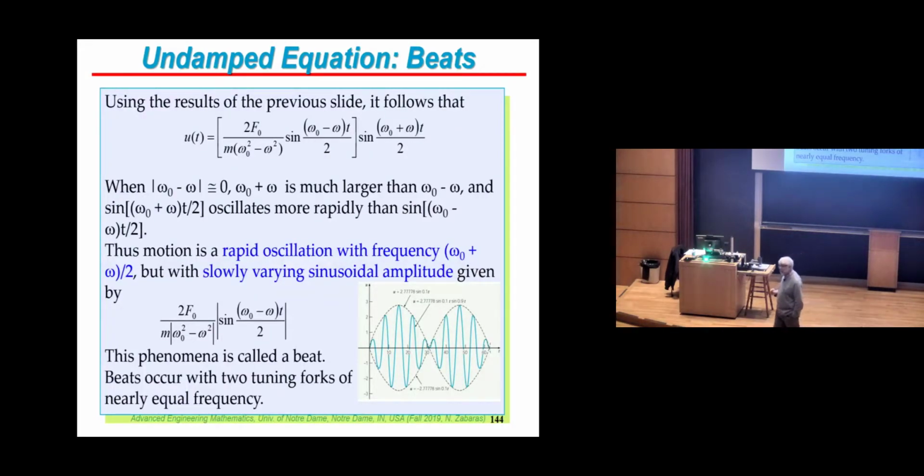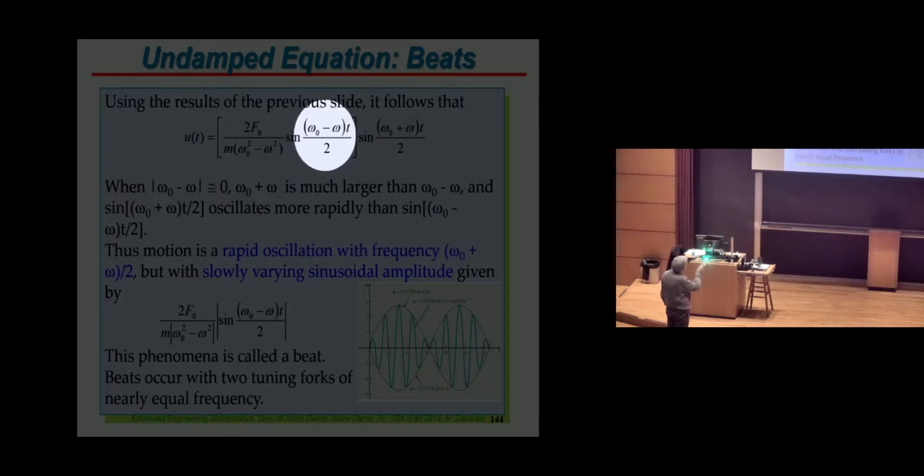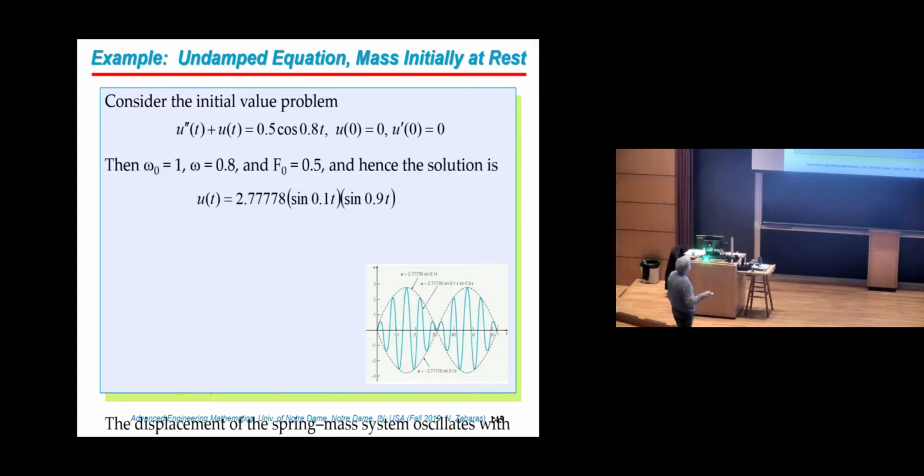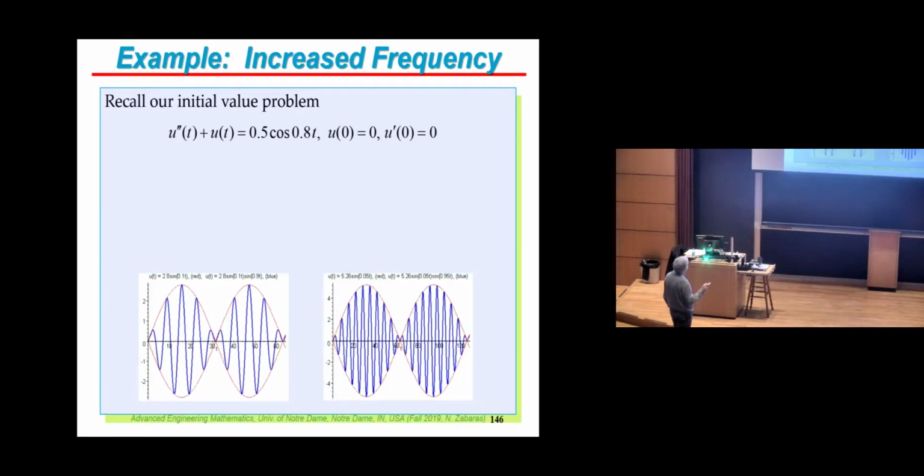And it has lots of applications in many areas of engineering. So again, this is how the solutions look with no damping: the amplitude varying with this slow frequency, and the solution varying with a much more rapid frequency, (omega 0 plus omega) over 2. All right, so I think I'm done.